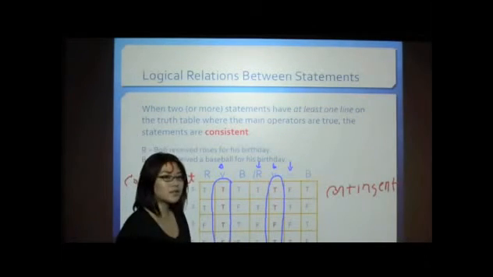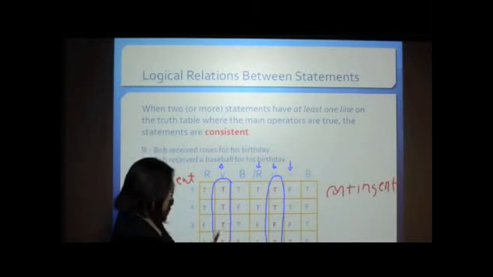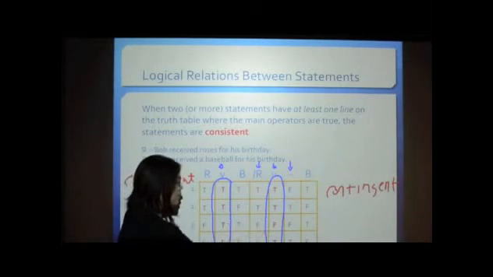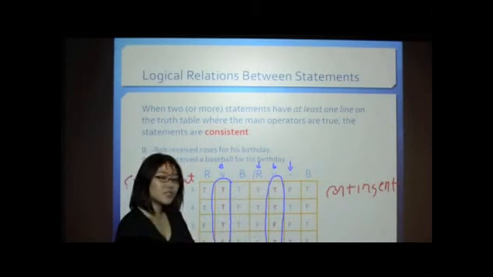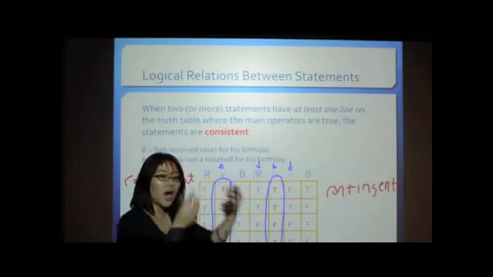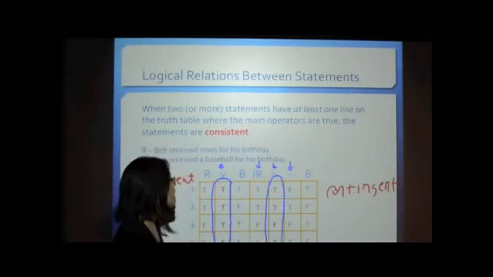They're also not contradictory statements, okay? Why? Because although they have opposite truth values here, they have the same truth values here. And for contradictory statements, you need to have opposite truth values on every line between the statements, okay?